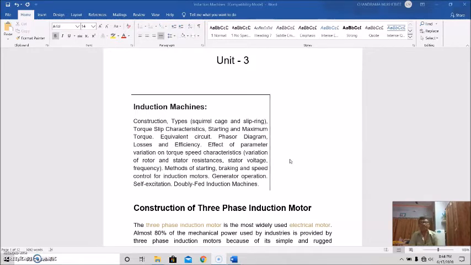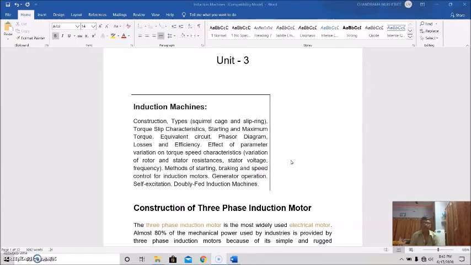Here in this unit, we'll study the construction and types of induction machines and induction motors, the squirrel cage and slip ring, their torque slip characteristics, starting and maximum torque, equivalent circuit, phasor diagram, losses and efficiency, effect of parameter variations on torque slip characteristics, variation of rotor and stator resistances, stator voltage and frequency, and different methods of starting, braking and speed control of induction motors.